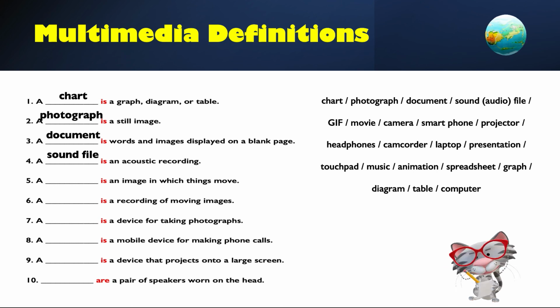What is acoustic? Acoustic is a sound. Sound, yes. A sound file is a sound recording. Number 5. What is an image in which things move? That is GIF file. A GIF file. And what is a recording of moving images? It's a movie.